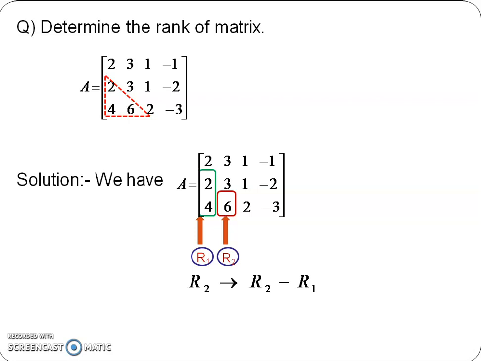In the first step we will perform the two operations R2 changes to R2 minus R1 and R3 changes to R3 minus 2R1, and with this matrix A is reduced to the form 2 3 1 minus 1, 0 0 1 minus 1, 0 0 0 minus 1.